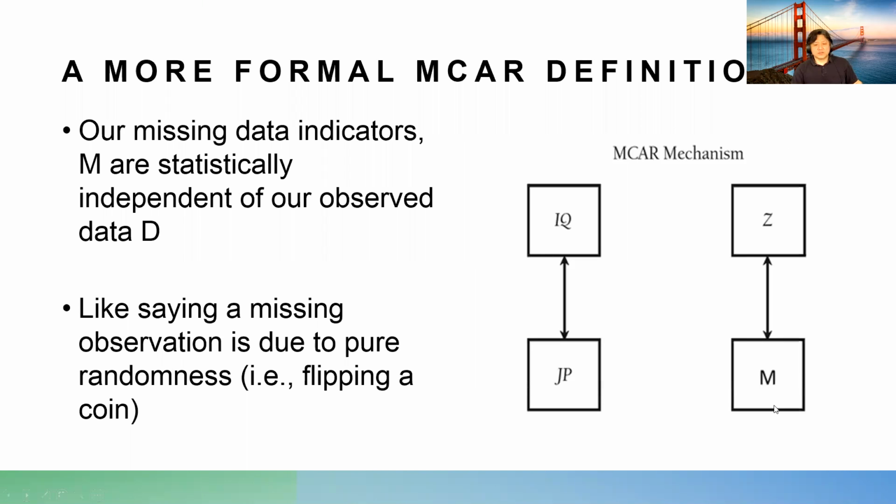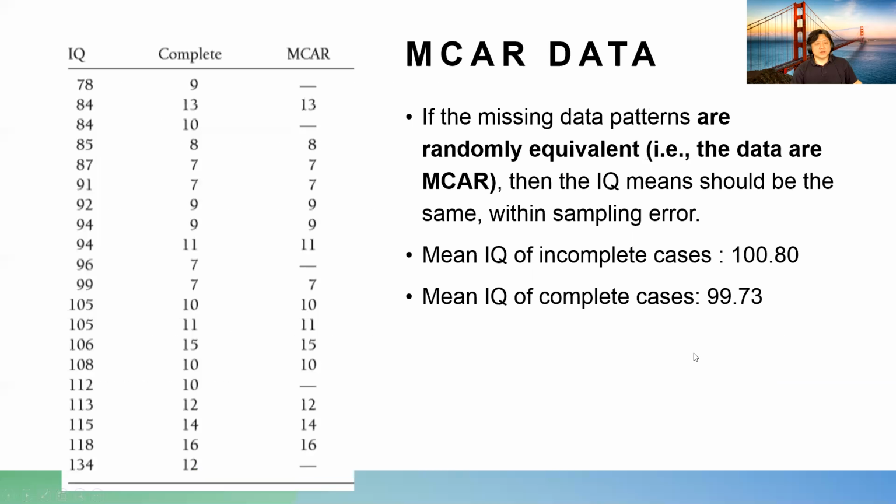M represents the missing data. Our missing data is not related to our variable. This missing is totally random; it is only influenced by some third factor, such as from some test takers. So this is missing completely at random.